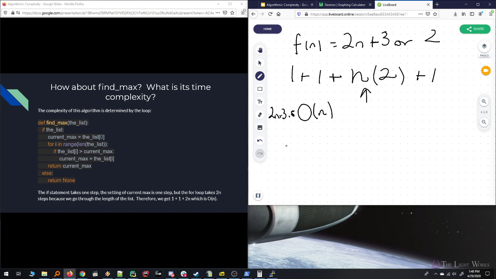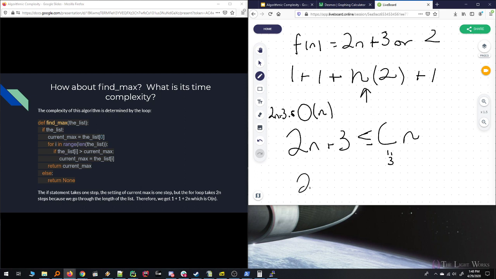So all we need to do is show that 2n plus 3 is less than or equal to some constant times n. Well, what constant can we pick? It can't be 2 because 3 makes it slightly bigger. But can we pick the constant 3, right? What if we make c equal to 3?